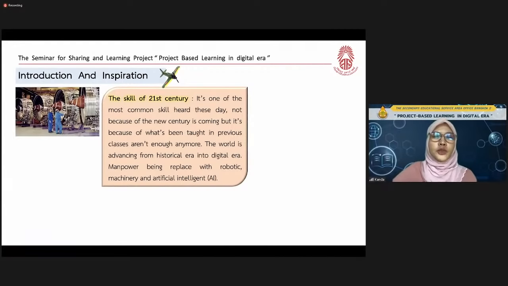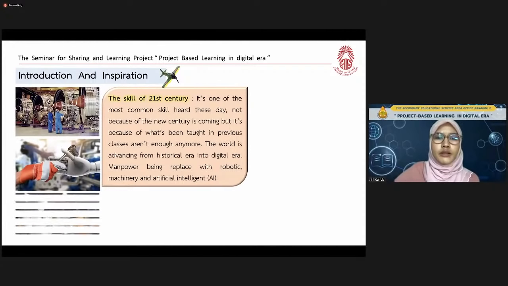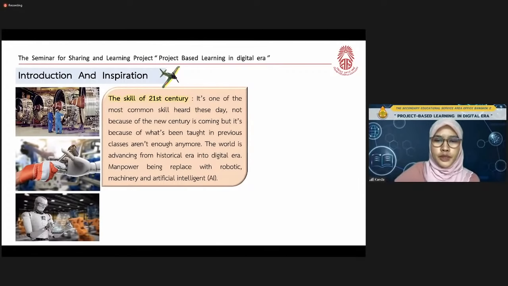The skill of 21st century is one of the most common skills heard these days, not because the new century is coming, but because what's been taught in previous classes isn't enough anymore. The world is advancing from historical era into digital era, manpower being replaced with robotic machinery and artificial intelligence or AI.